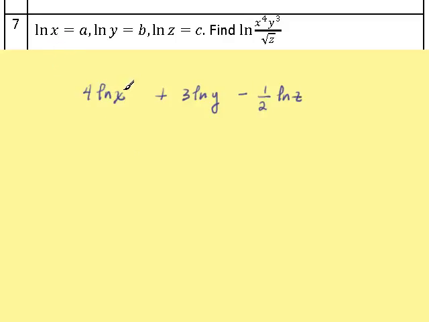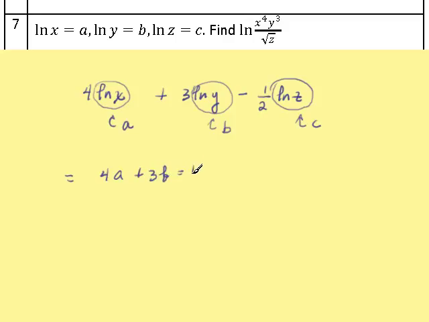We say that ln x, that's a. ln y, this is b. And ln z, we're writing that that is c. Okay, so this expression is equal to 4a plus 3b minus 1/2 c.